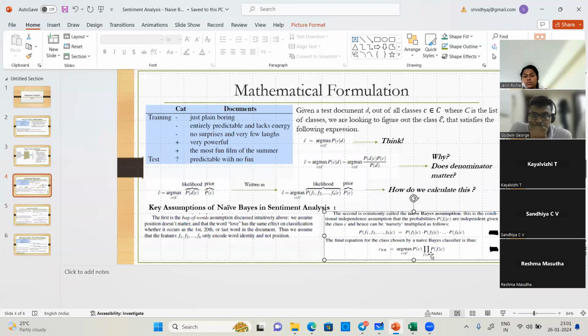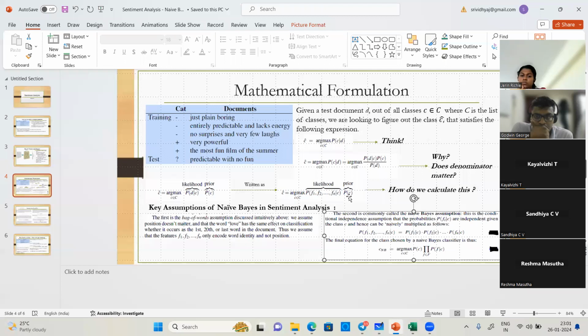This pi-like symbol basically means multiplication, so don't really fret over it. It means I'm multiplying P of F given C. But don't worry about it, it's all notational. The focus is this expression, P of F1 given C multiplied by F2 given C all the way up to Fn given C. And of course, there is a P of C as well.